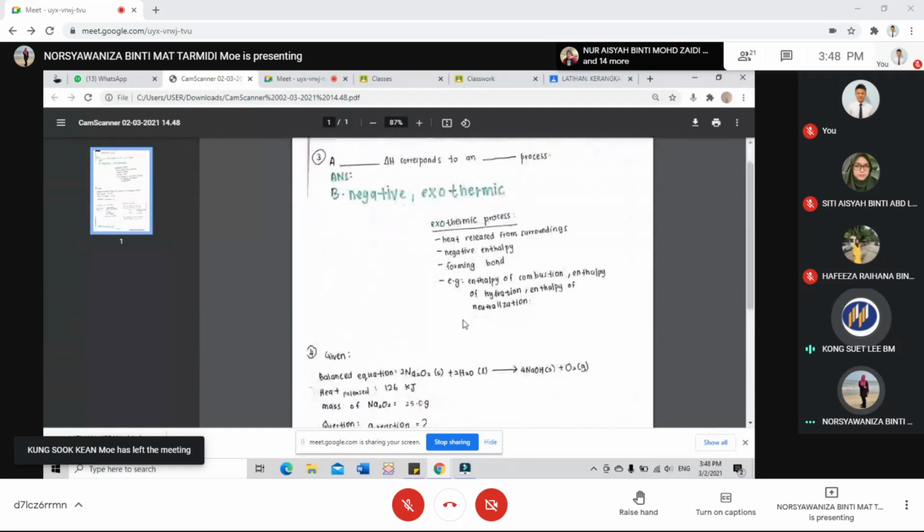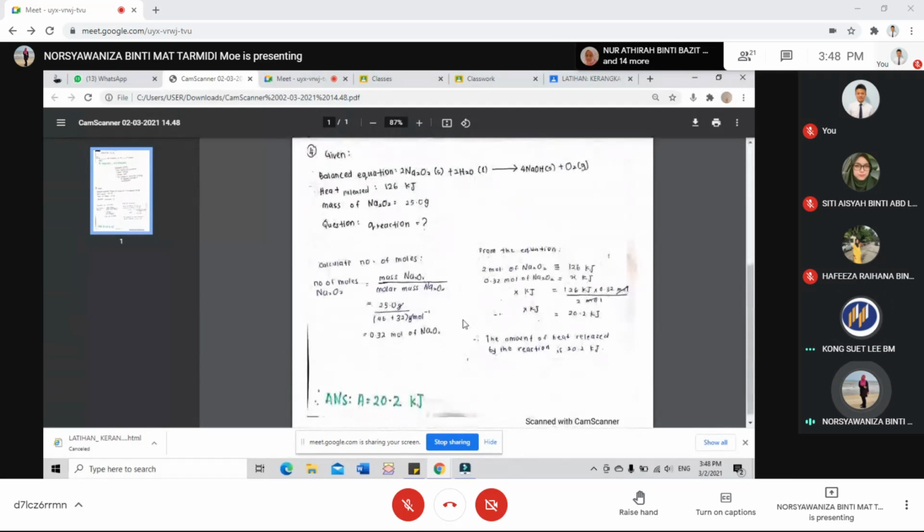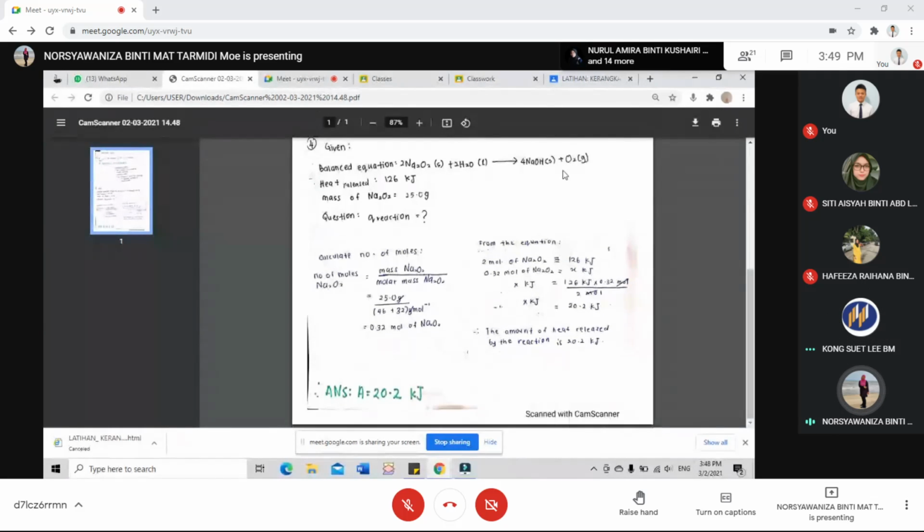For number 4, we are given the balanced equation: 2Na2O2 in solid form plus H2O in liquid form will form 4 mole of NaOH in solid form and O2. It has already given the heat, 126 kilojoule. For the first step, we find the number of moles because it gave the mass, 25 grams.